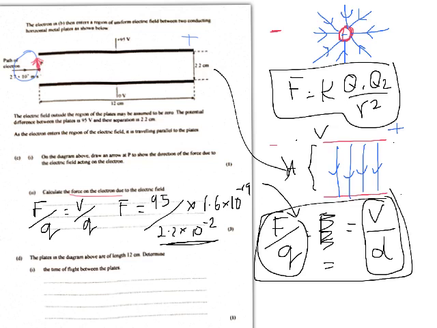And that should give you 6.9 times 10 to the minus 16 newtons. Please remember to use units.